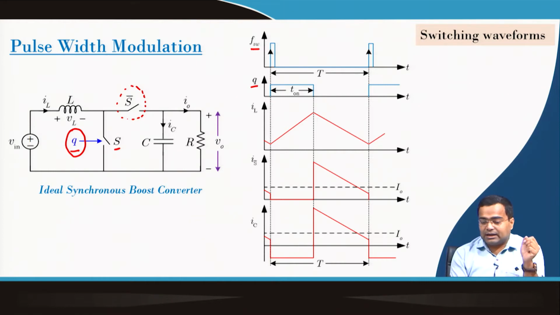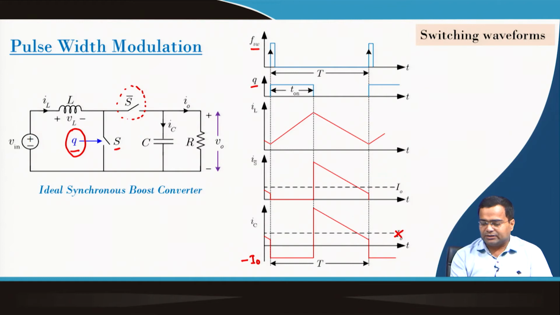Similarly, the current through the capacitor is also discontinuous, and this current is minus I 0 when the switch is on. That is the base current, meaning when the switch is on, the capacitor current is the negative load current. So, this is not the one, because the average capacitor current should be 0.